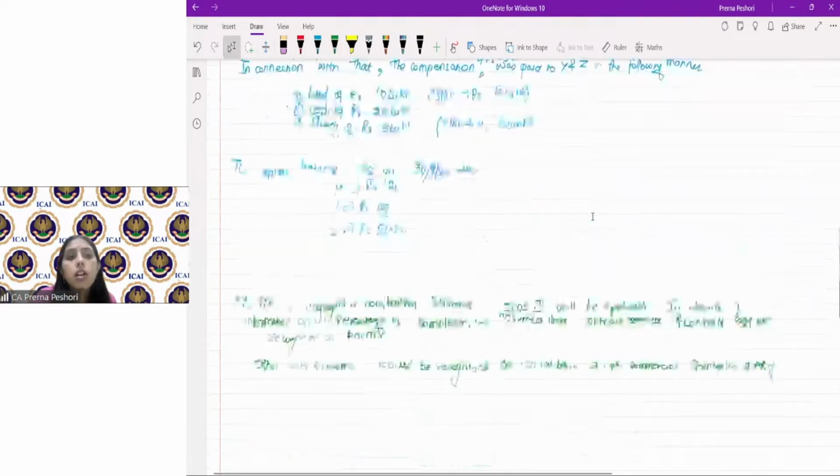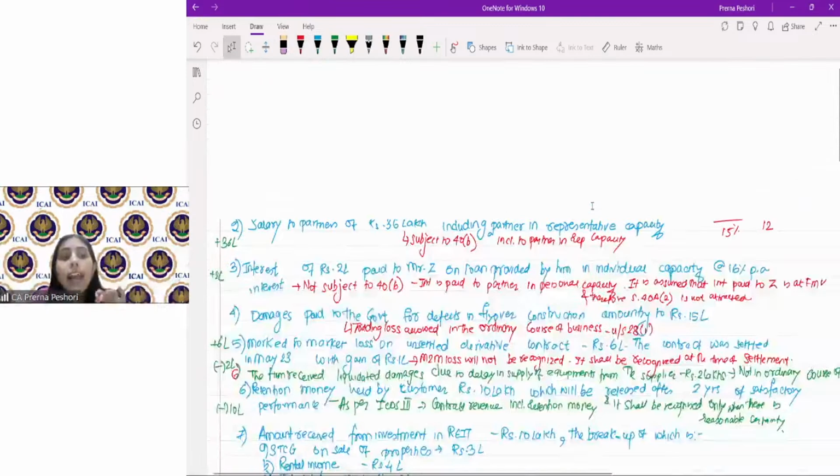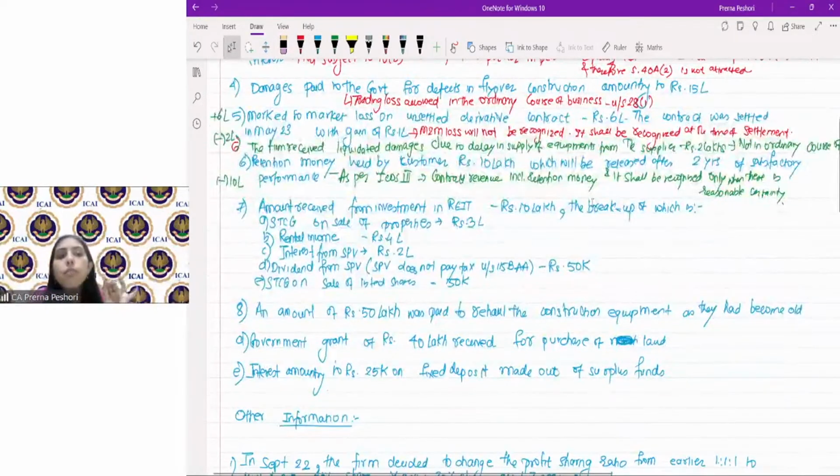Fine. So here, first of all, I have received the dividend from the real estate investment trust. Now this entire 10 lakh will not be considered as my income. It will be taxed in the hands of the unit holder. The nature of the income would be considered the same as that in the hands of the REIT.